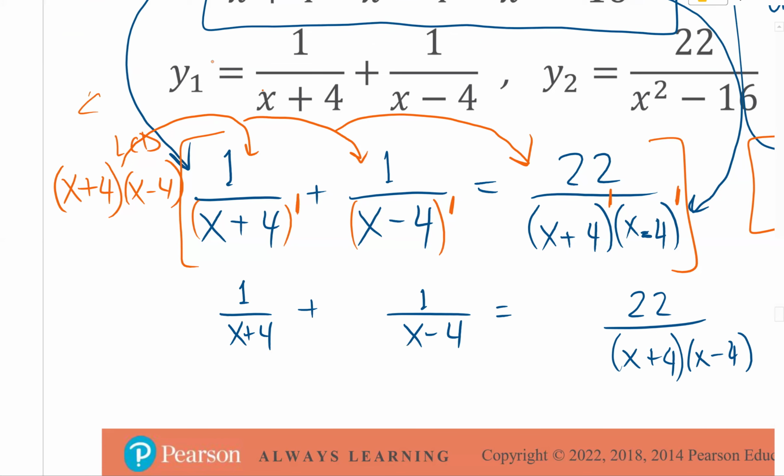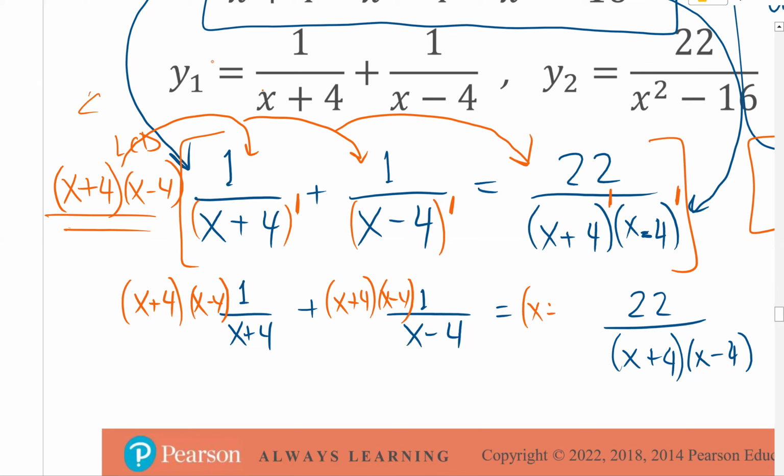X plus 4, x minus 4, you get an x plus 4, x minus 4. You get an x plus 4, x minus 4. And you get one too. Put it over 1, just so I feel like I can actually cancel along the diagonal.